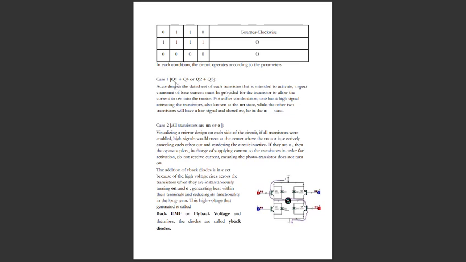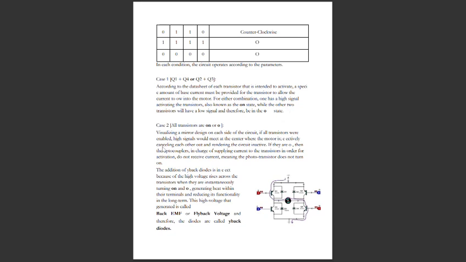In case 1, Q1 plus Q4: according to the data sheet of each of the transistors, to be active, a particular amount of base current must be provided to the transistor to allow current in the motor. For either combination, one has a high signal activating the transistor, known as the on state, while the other two transistors have a low signal and therefore are in the off state.